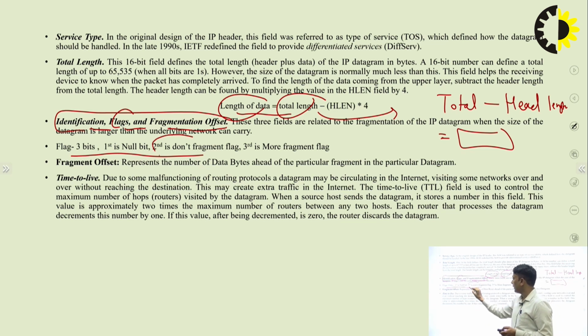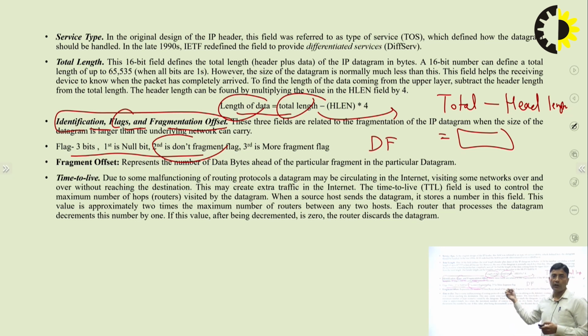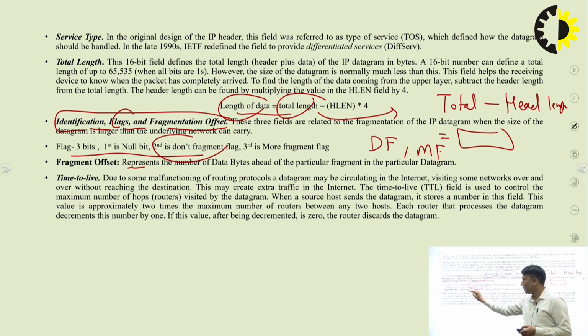The second bit is don't fragment, also known as DF, and the third is more fragments, known as MF. Then the fragment offset, of 13 bits, represents how many data bytes are ahead of this particular fragment in the datagram.